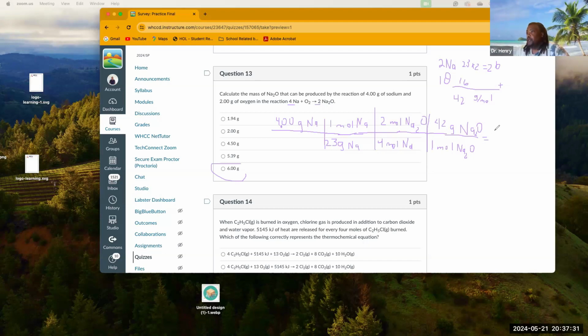Okay, so this guy is going to be 3.65 grams. And then, that's right.